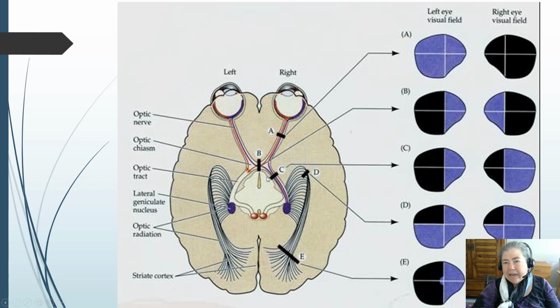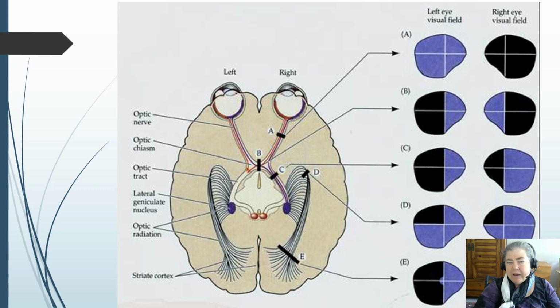We're only seeing what's in the middle, and that has to do with a lack of decussation or crossing over of the information from the nasal retina in both eyes. Even though it's the nasal retina, because of the image being upside down and backwards, what we're seeing here is what ended up on the temporal retinas, which is the central visual fields.